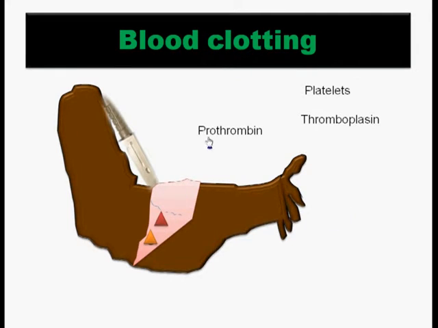Inside your blood you have different proteins, and this pink triangle is called the prothrombin. It's a very hard word to pronounce. Prothrombin is a protein inside your blood. Now note that this is the thromboplastin, and it's going to act on the prothrombin. And what happens after that?